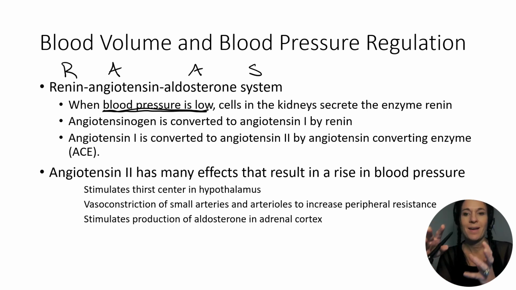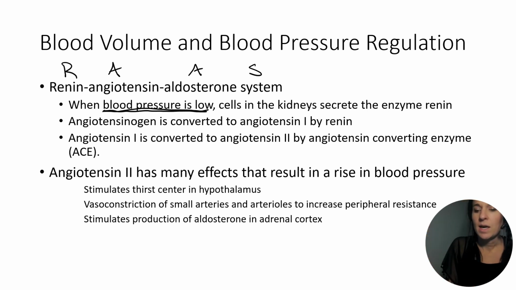This is another example of something that is going to come back in full force in Unit 5 when we talk about the kidney. So we have this decrease in blood flow through the kidney. It's detected by these specialized cells, and the kidney is going to release renin.